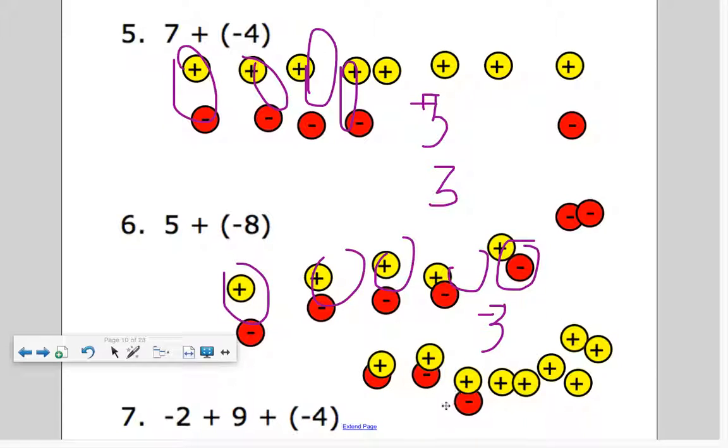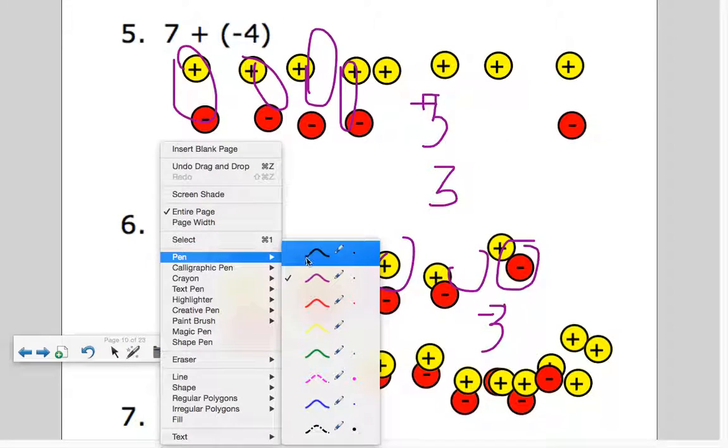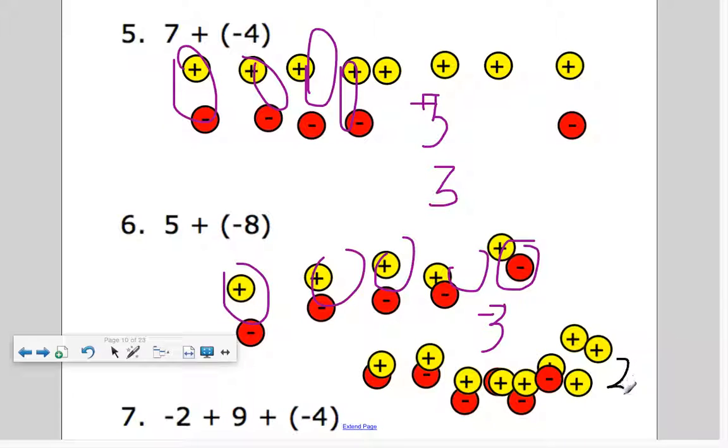And if you don't mind, I'm going to steal some. 1, 2, 3, and I'm going to steal it from here, 4. So you can tell these are 0 pairs, 0 pairs, 0 pairs, 0 pairs, 0 pairs, 0 pairs. What do I have left? I have 3 positives as the answer. So the answer is 3 or positive 3.